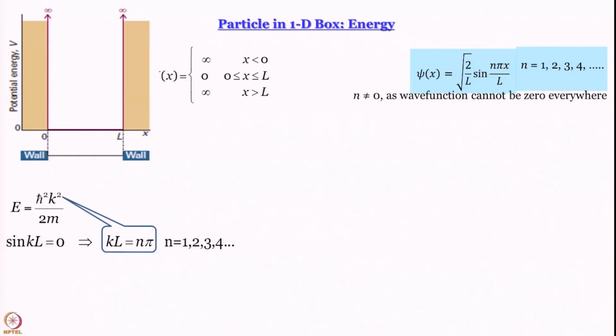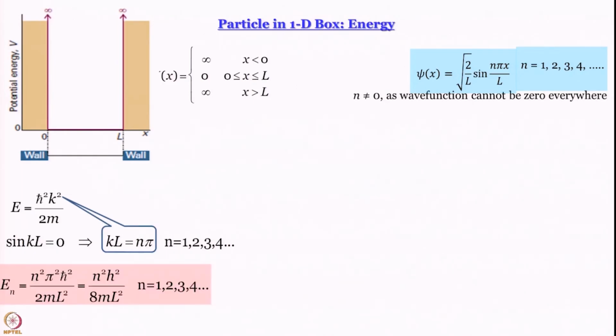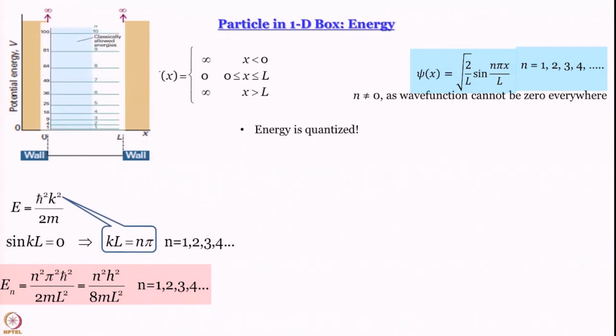The moment we do that, the energy expression becomes E of n is equal to n square h square by 8 m L square, where n is a positive integer. What just happened? Well, quantization of energy happened.